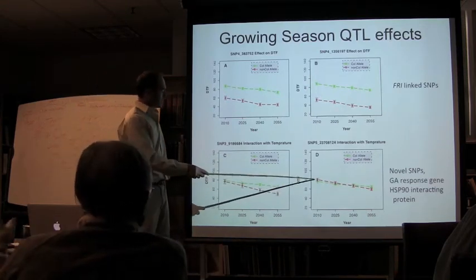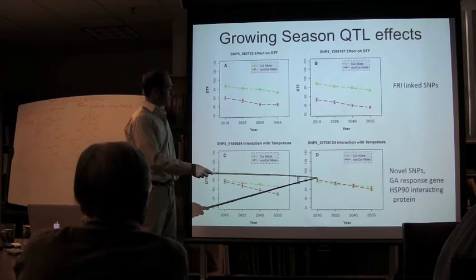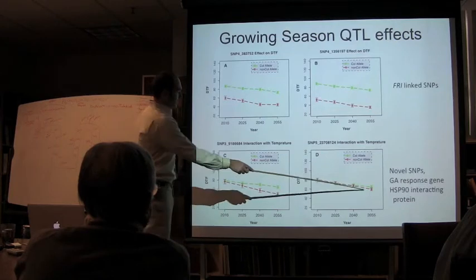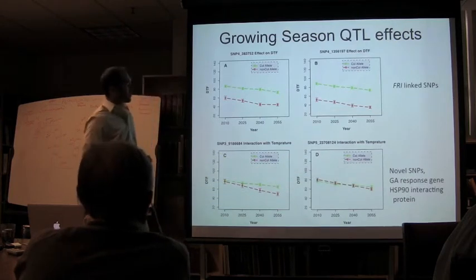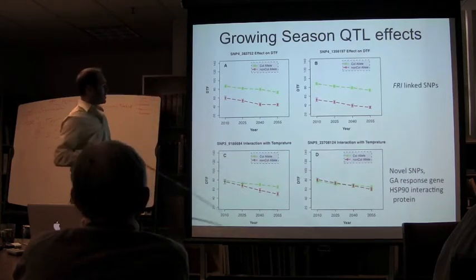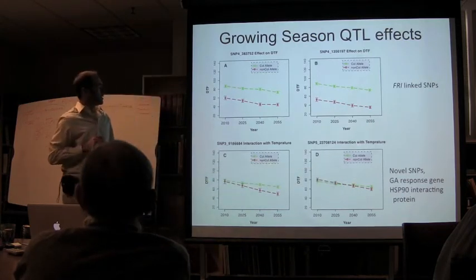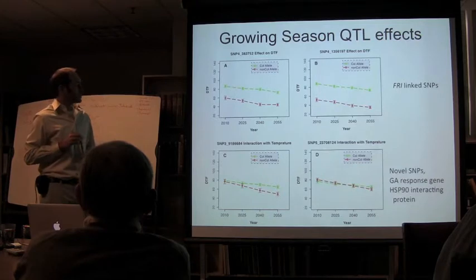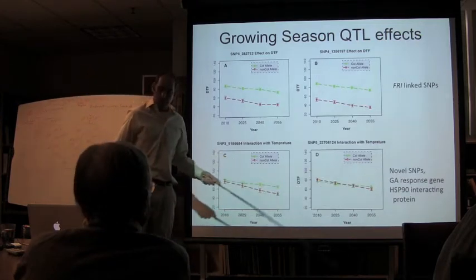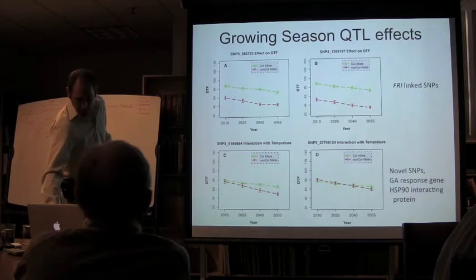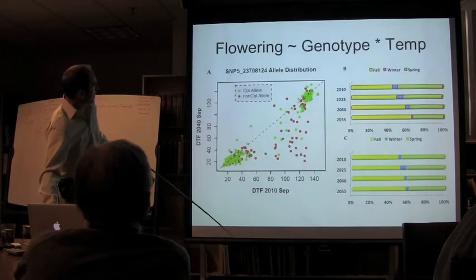And here's the opposite example, where an allele delays flowering in contemporary conditions, but now promotes flowering in the future conditions. And there were good candidate genes for both of these. The internal hormone flowering signaling gibberellic acid and the heat shock protein pathways both came up here. So if we just think about plugging these SNPs in, how much do they explain?